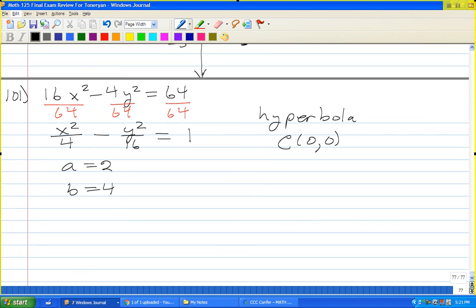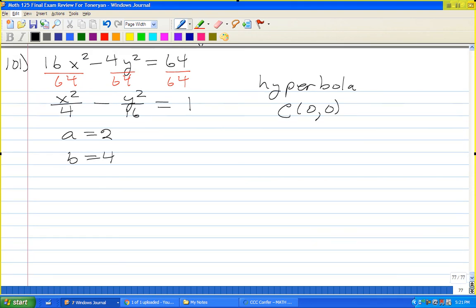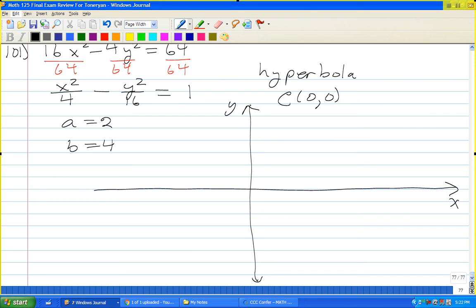The vertex, well, and let's draw this if I can. As best I can. Okay, so 4 in the x, 2 in the x. 1, 2, 1, 2, 1, 2, 3, 4, 2, 3, 4 in the y.